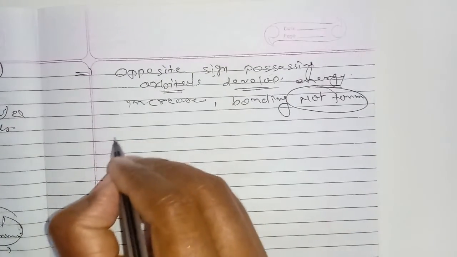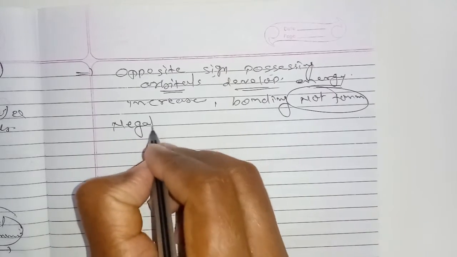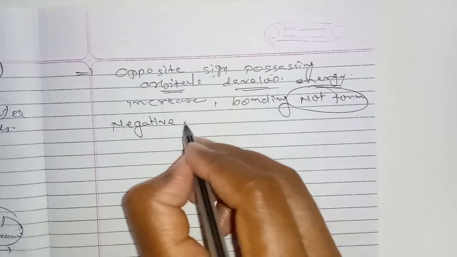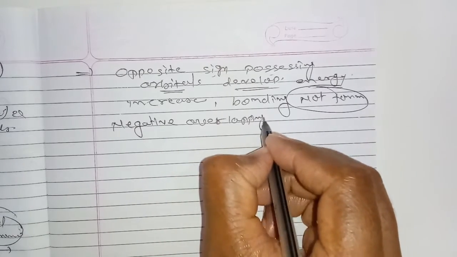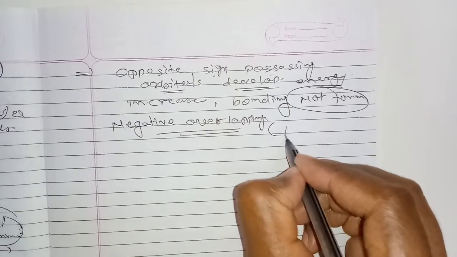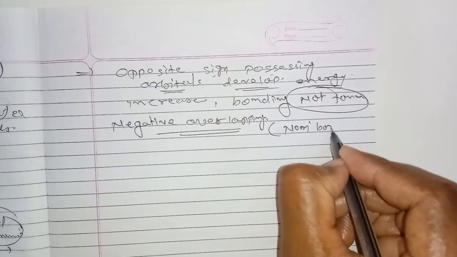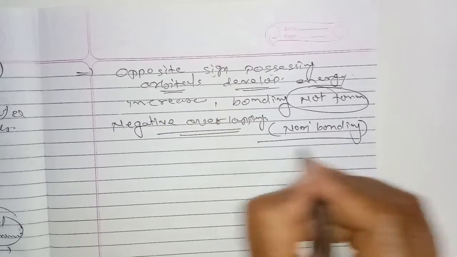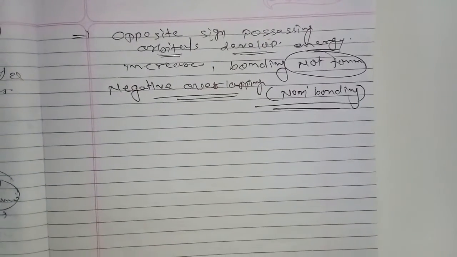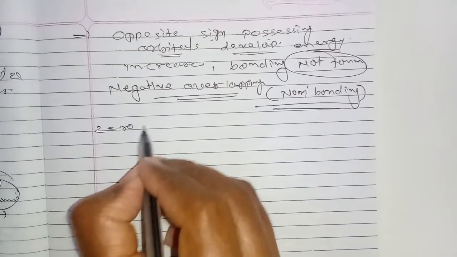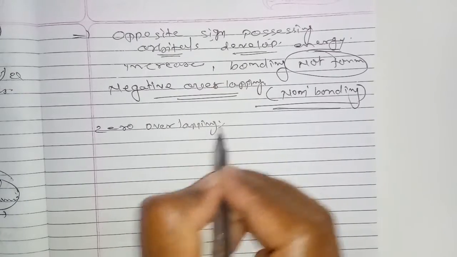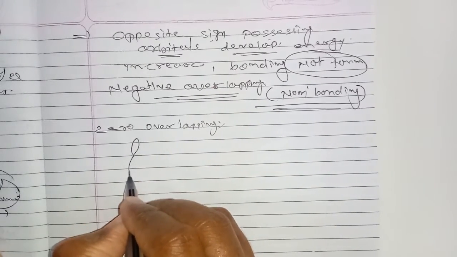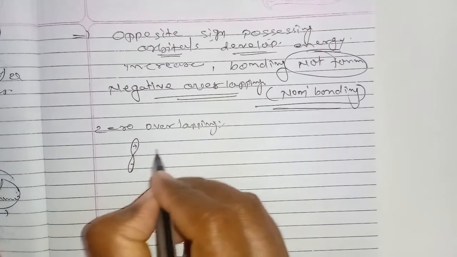So negative overlapping is non-bonding. And zero overlapping is where there is no overlapping.